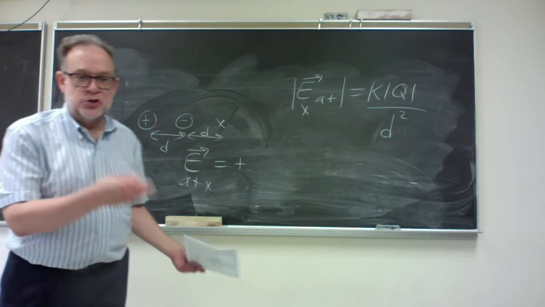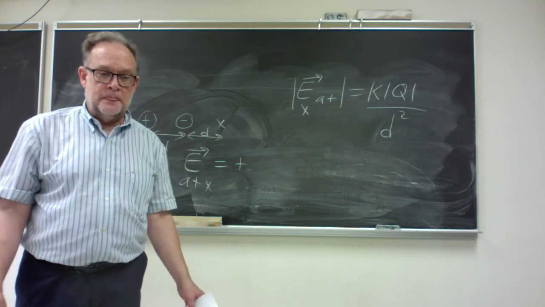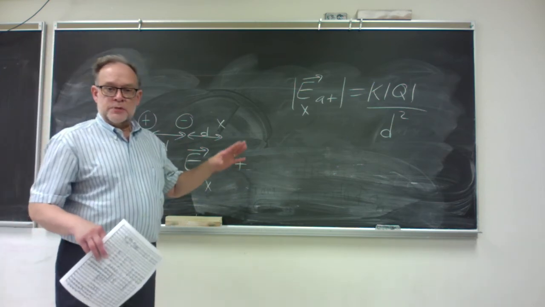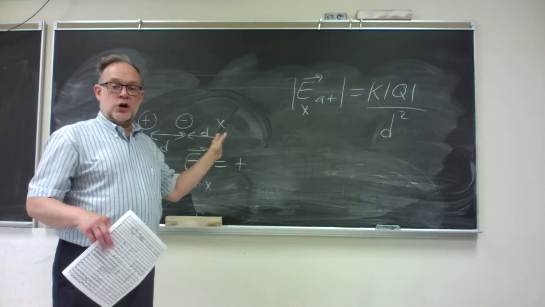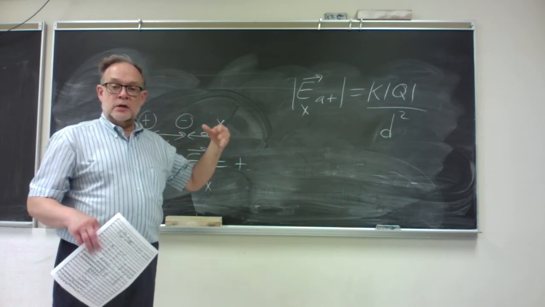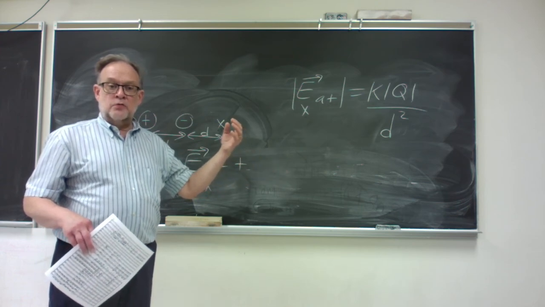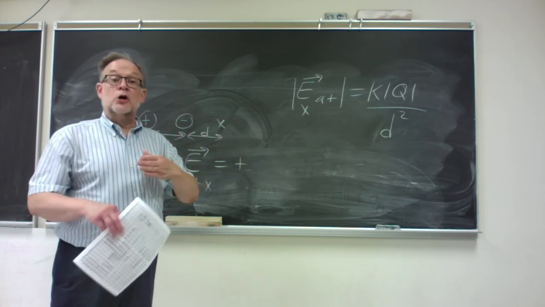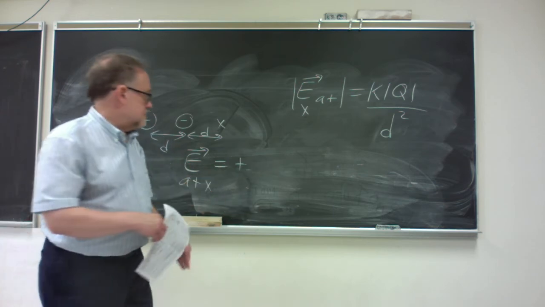Whether you're talking about the strength of the force or the strength of a field, you cut it down to 1/4. So, in other words, the field caused by one unit of charge one step away is just plain E. The field caused by one unit of charge twice as far away is 1/4 of that.